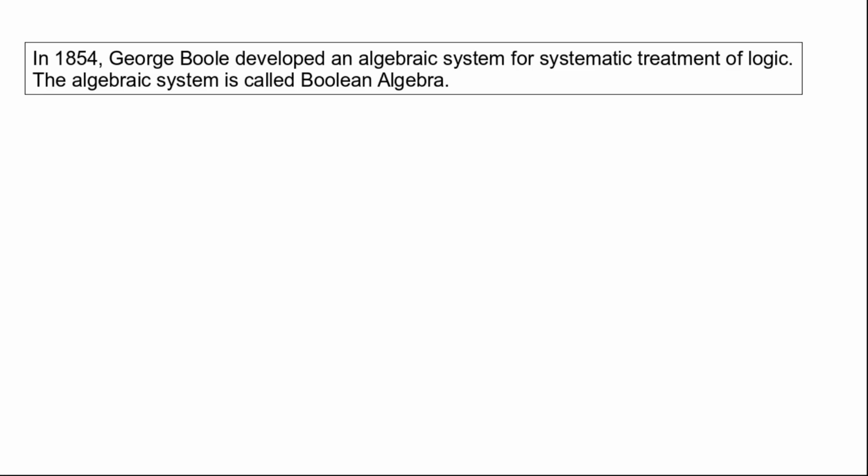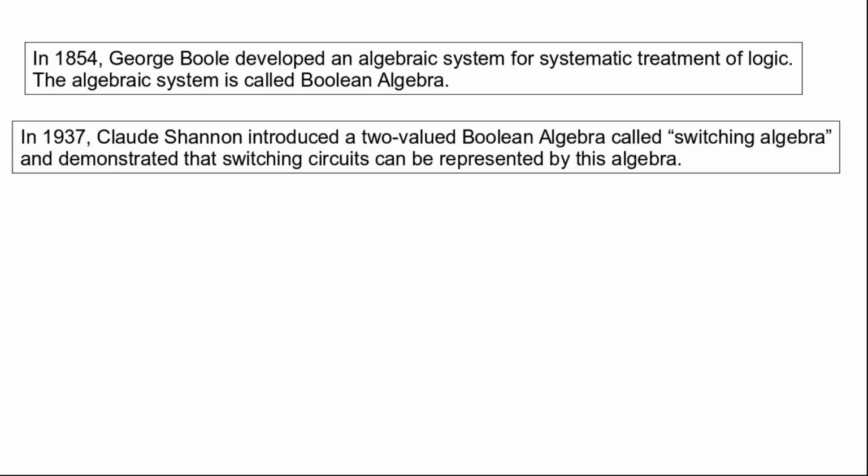Although introduced in 1854, this algebraic system did not find any practical applications until 1937 when Claude Shannon introduced a two-valued Boolean algebra called the switching algebra and demonstrated that switching circuits can be represented by this algebra.